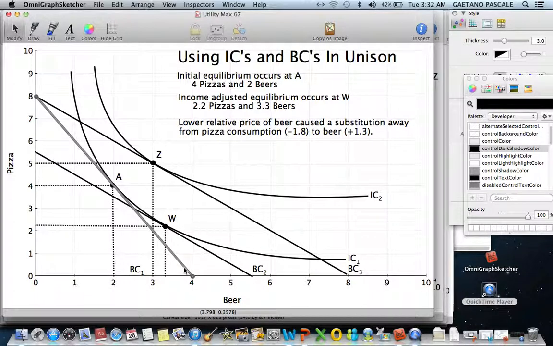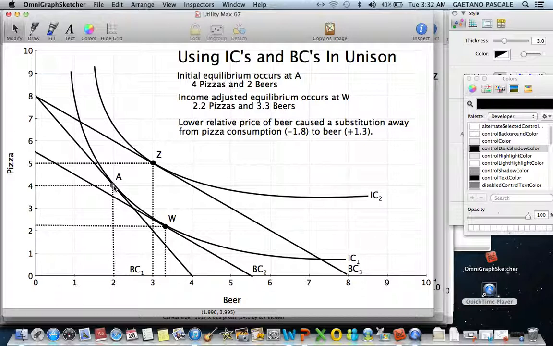So here's our original budget constraint. Budget constraint 3 is the budget constraint after the price change, and budget constraint 2 is the budget constraint after I did a parallel shift that took out the income effect. If we take a look at this, here's our original level of consumption.